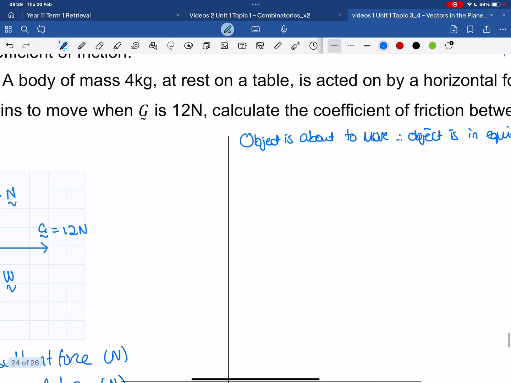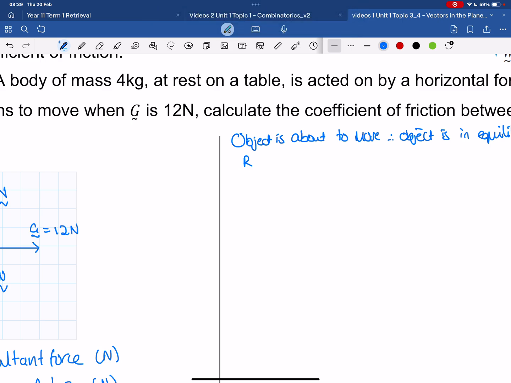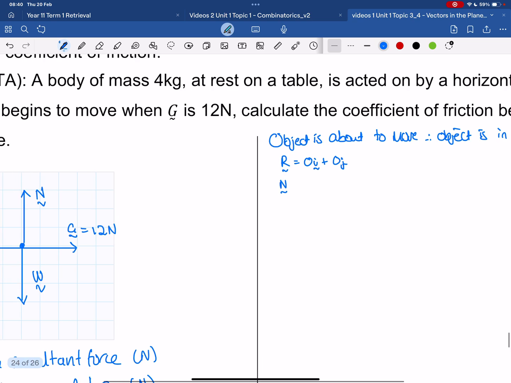All right, let's write all of our forces. So R is 0I plus 0J. Our normal force, we don't know what that is yet, but it's acting in the positive J direction, so it's just going to be NJ. Our weight force is acting in the negative J direction, so that'll be negative WJ.